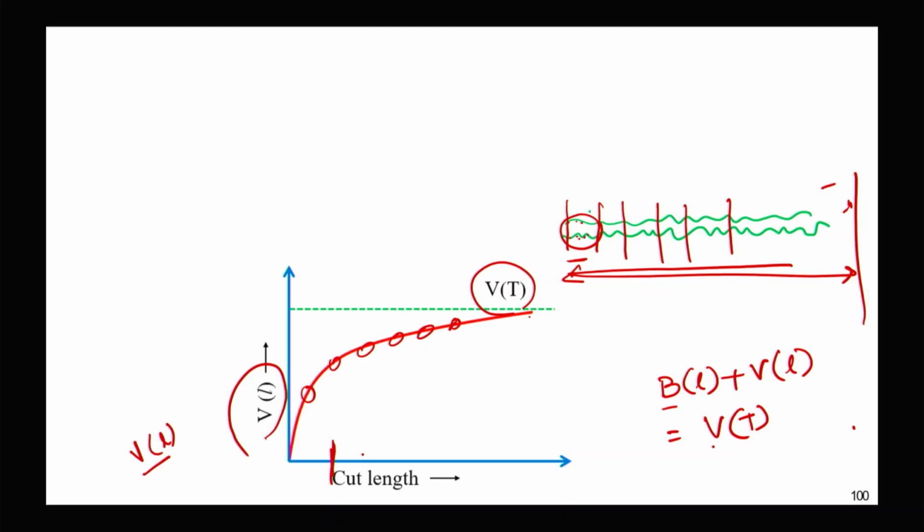And at any cut length, the summation of BL and VL is constant. That is, total variance is the summation of BL and VL.